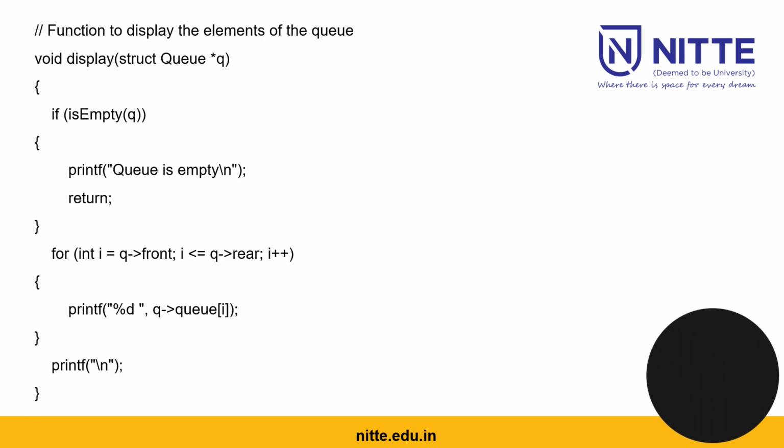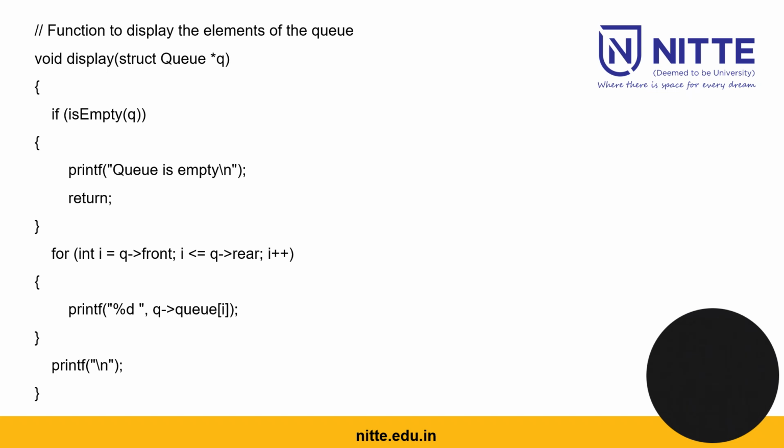Now we have to display the elements of the queue. For that we will write a function called display. So void display, struct queue *q. First it will check whether the queue is empty as usual, and then it will print queue empty if the queue is empty. Otherwise it will go for printing the elements from the front up to the rear.